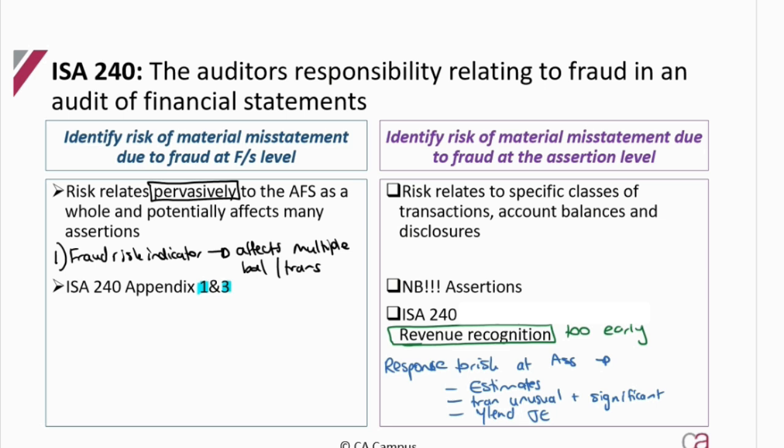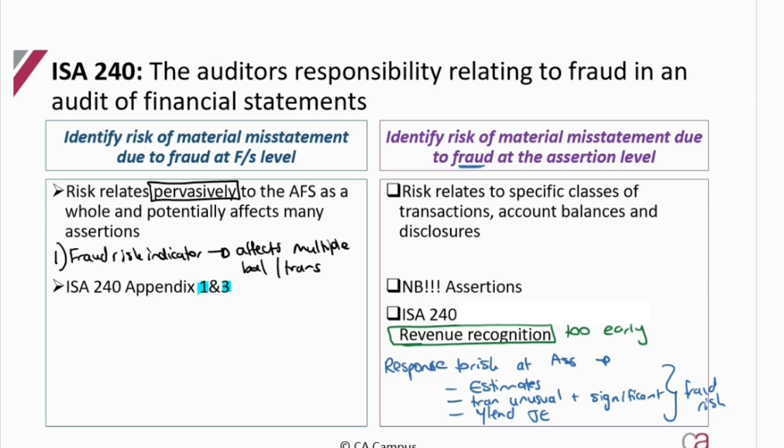So although they aren't specifically highlighted as having a fraud risk, by giving specific responses to these, we can see that each of these do actually carry a fraud risk.